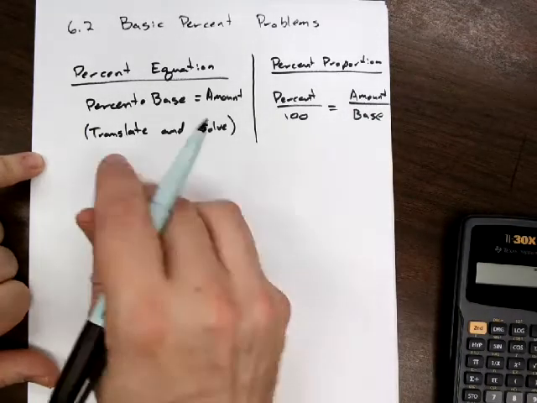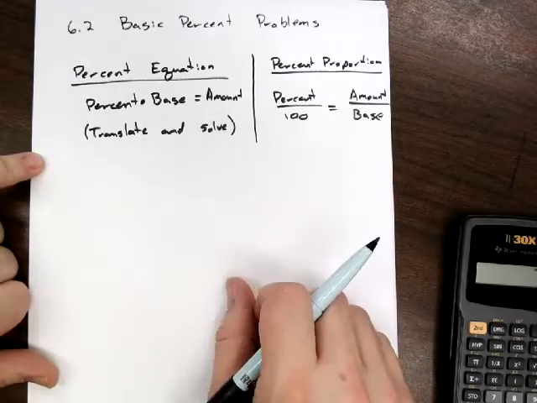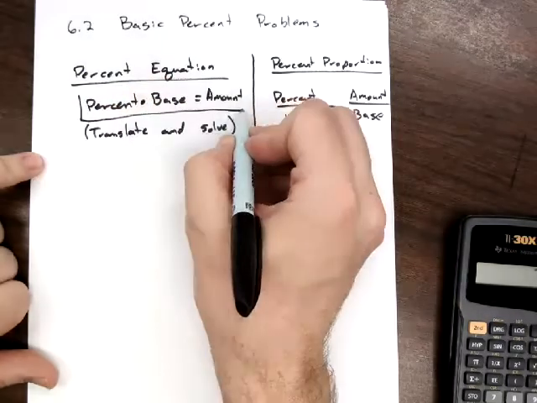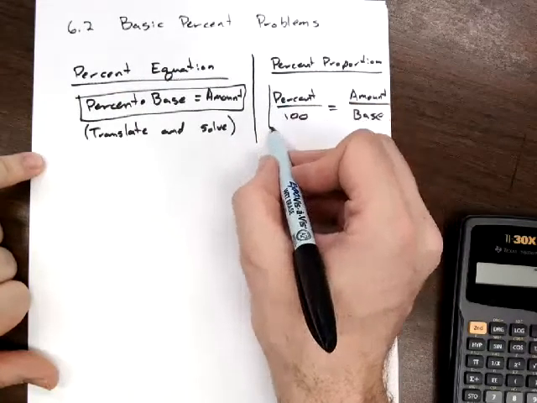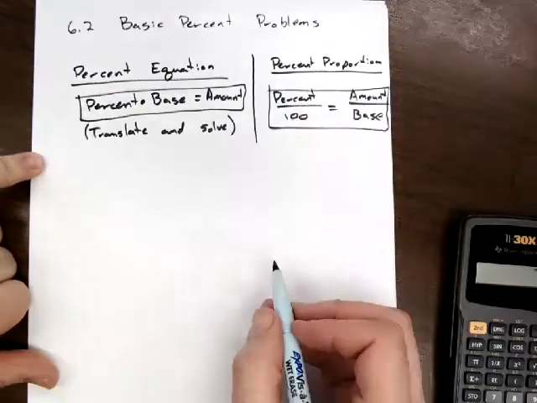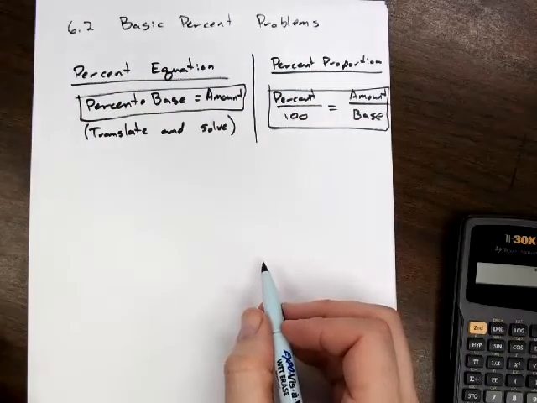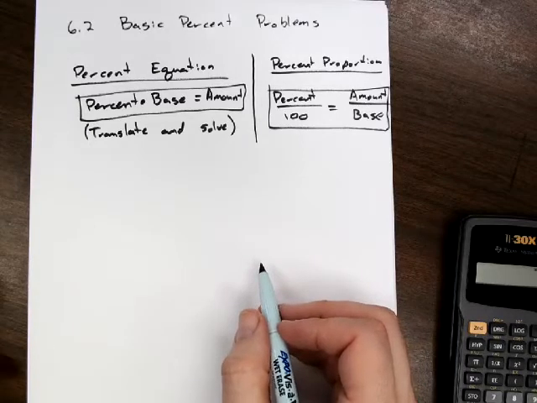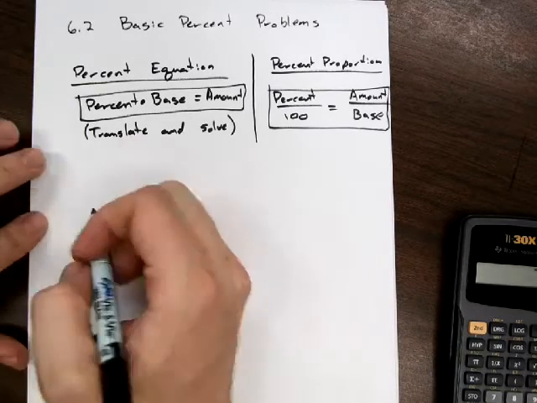So these are our two main methods of solving: using our percent equation, or using that percent proportion. Let's start with our percent equation.